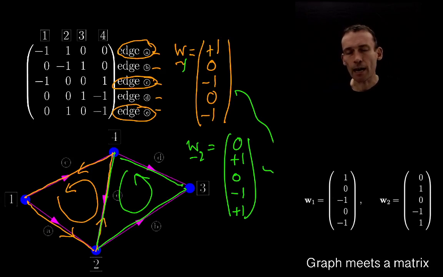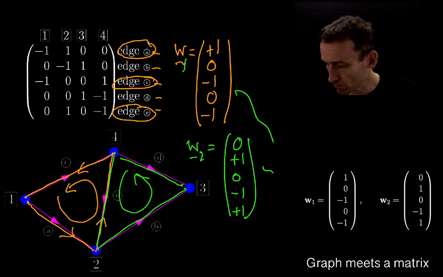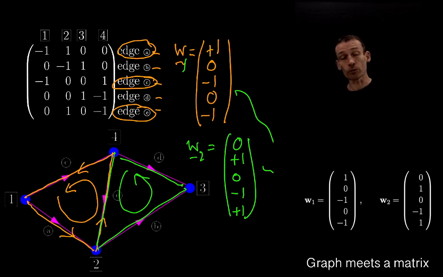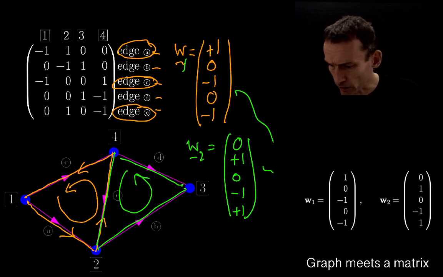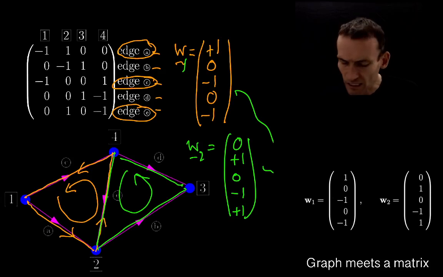So I now have a geometrical interpretation of the left null space of this particular matrix. I don't know if it's possible. I'm intrigued to ask if there are other geometrical interpretations of left null spaces of other matrices. I don't know, but I certainly know that for this incidence matrix, it looks to me like I can associate loops, closed loops in my graph with the left null vectors.